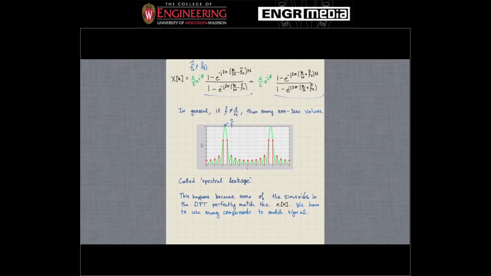They'd all be 0. This concept is called spectral leakage, and this is the reason why a lot of times when we take the DFT of a pure sinusoid, we don't see a perfect spectrum like we'd expect if we just looked at the continuous time signal.